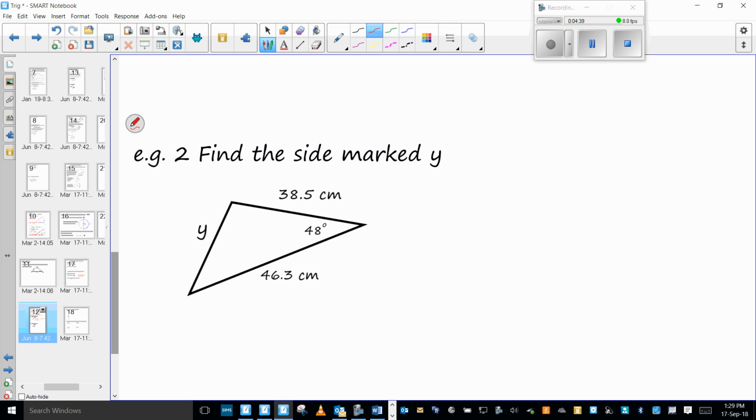Trying to find this length, we would write y squared equals 38.5 squared plus 46.3 squared minus 2 times 38.5 times 46.3 times cos 40.